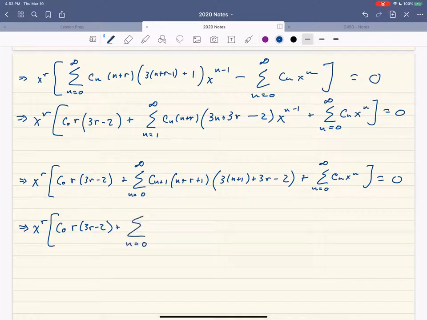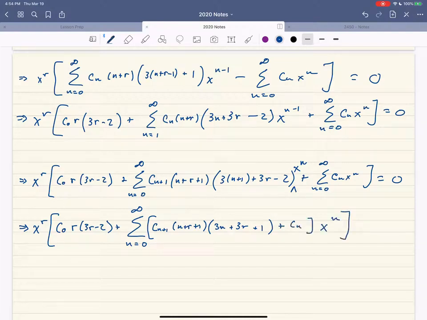So the sum from n equals 0 to infinity, oops, I forgot our x to the n there, of c sub n plus 1 times the quantity n plus r plus 1 times 3n plus 3r plus 3 minus 2, so 3n plus 3r plus 1, x to the n, plus c sub n times x to the n.